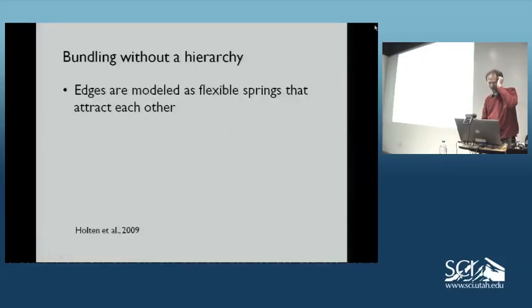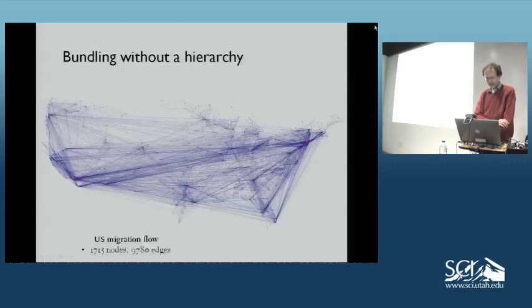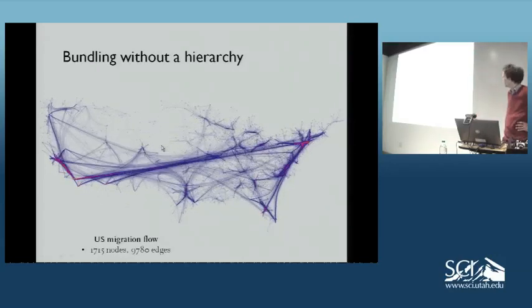Okay, in all those cases you expect there is some hierarchy, and in many cases that's the case. We also considered, can we bundle also if we don't have a hierarchy? Well, one way to do that is to superimpose a hierarchy on that, and people have worked on this. Here we tried to use a kind of physical model.